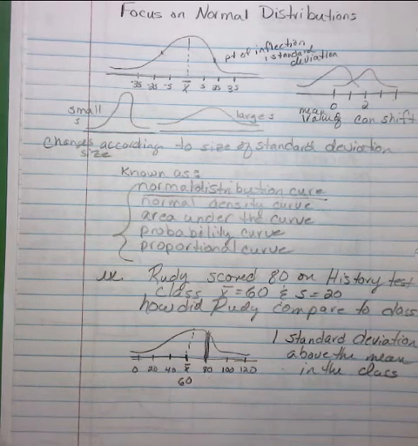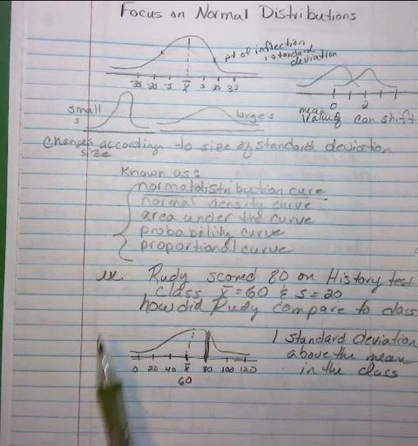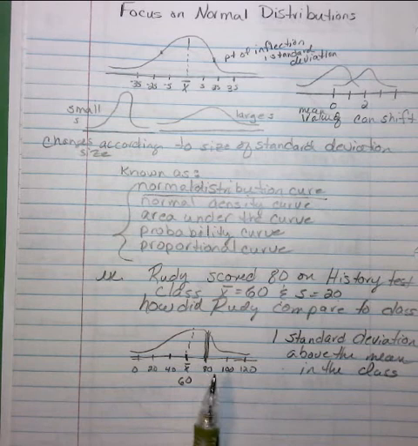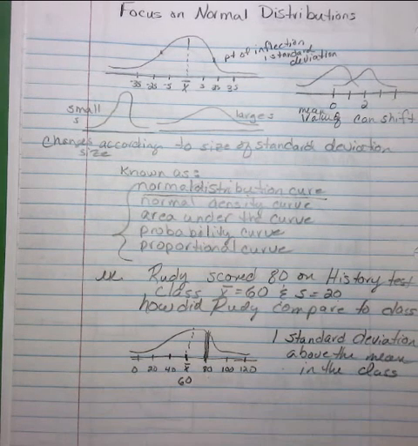And so that is using the normal distribution to look at how Rudy compared to the rest of the class. And it does look like Rudy was in the top portion of the class.